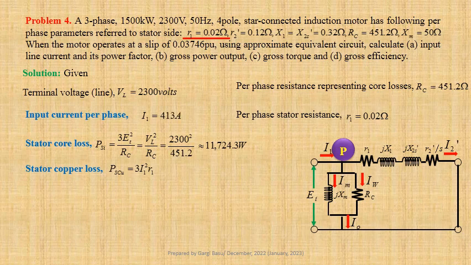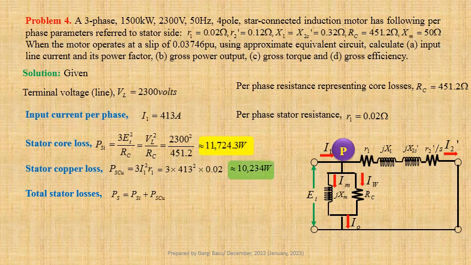Therefore, PS copper equals 3 into 413 square into 0.02, which is approximately equal to 10,234 watts. Now we shall determine total stator losses. PS equals PSI plus PS copper.